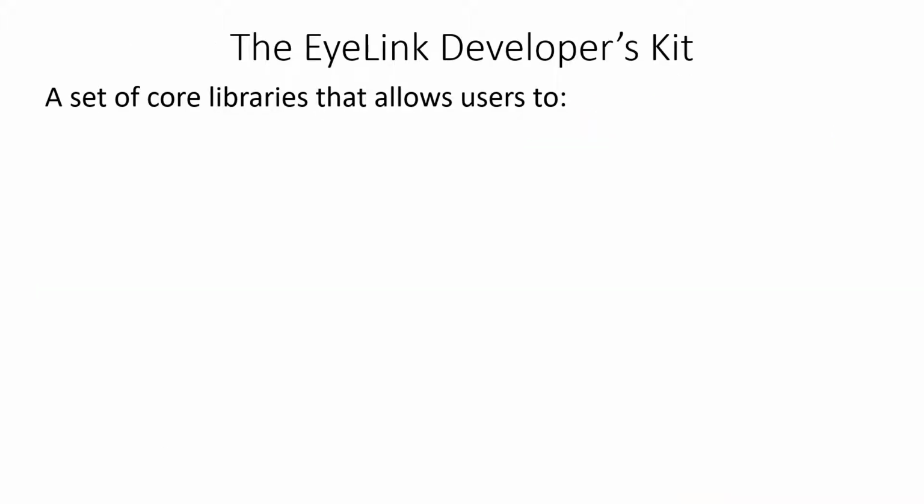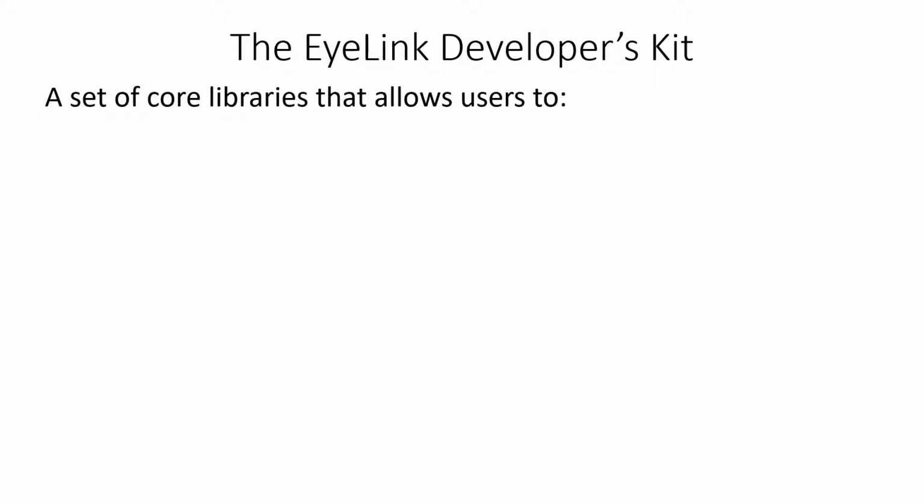The EyeLink Developers Kit provides a set of core libraries written in the C programming language that allow other languages such as Python and stimulus presentation software such as PsychoPy, Psychtoolbox and ePrime to interact with the host PC and control the EyeLink system. The Developers Kit will need to be installed on your display PC.